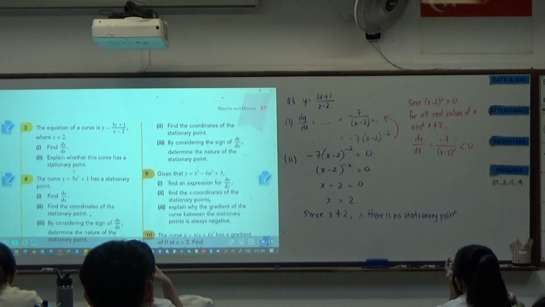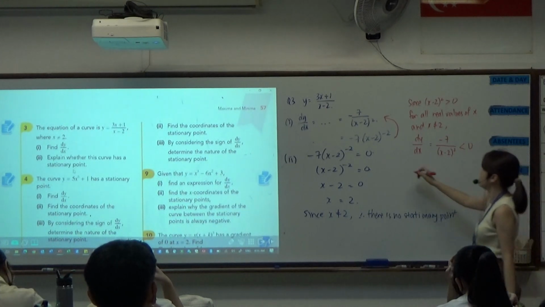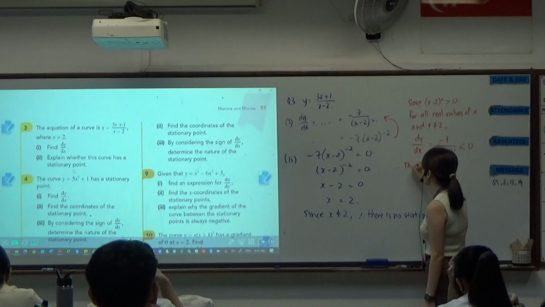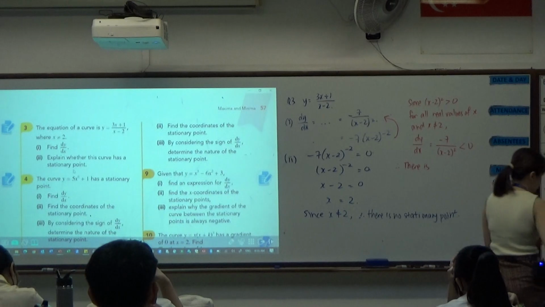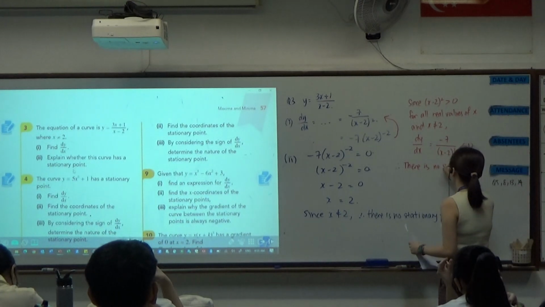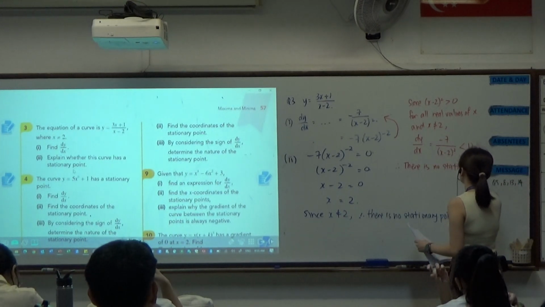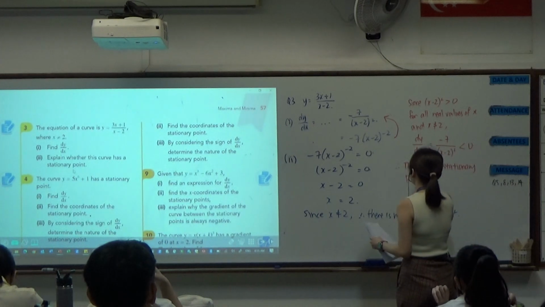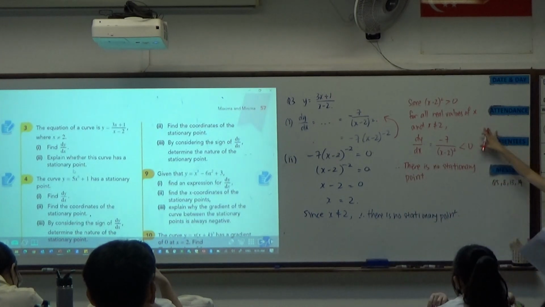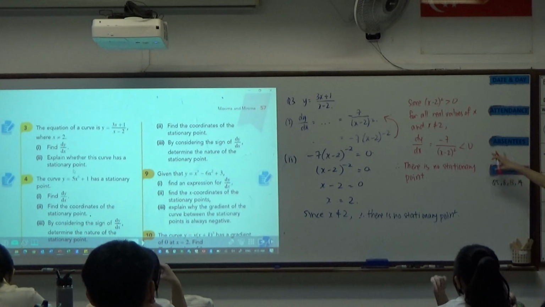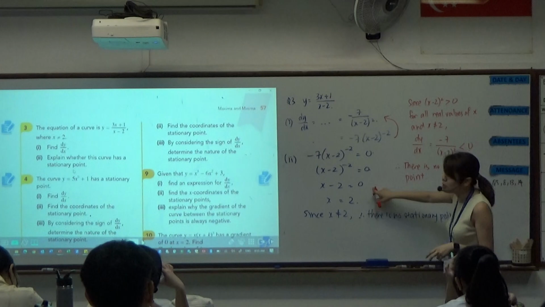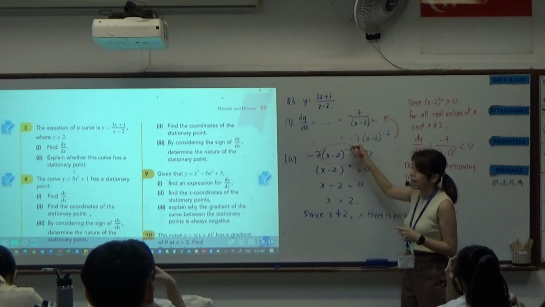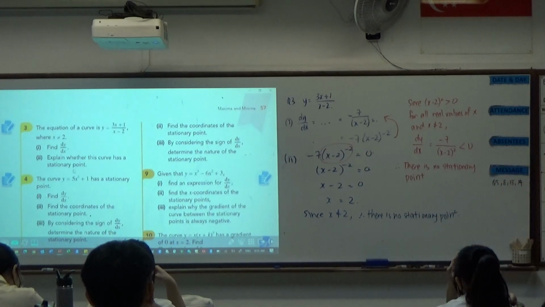Okay, it is going to be strictly negative, and therefore there is no stationary point. Okay, so the correct answer will be to show that it's going to be strictly negative, rather than to actually solve it this way, because right from the start, this thing cannot be equals to 0 at all. Okay.